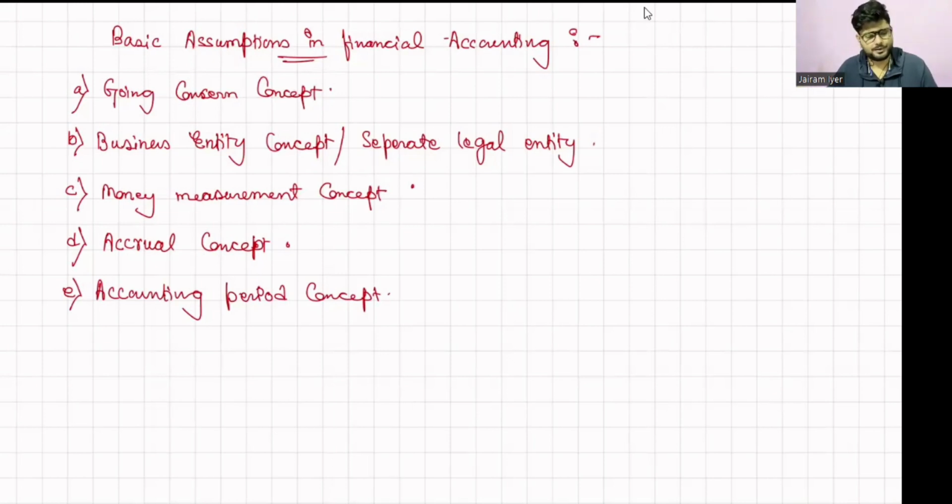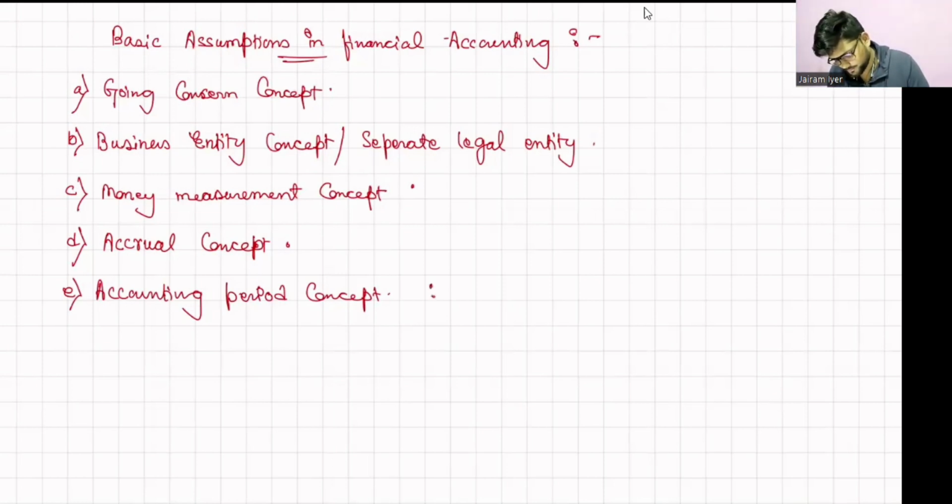The accounting period concept simply says the same: there has to be a fixed period of accounting cycle. You do business in that cycle and after that prepare a report. What is that report? General ledger, trial balance and financial statements.